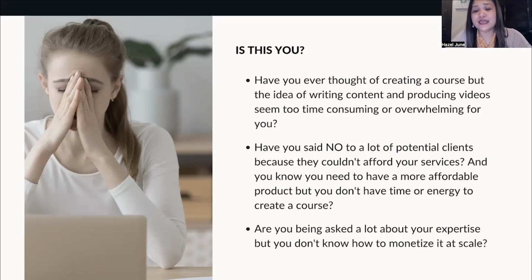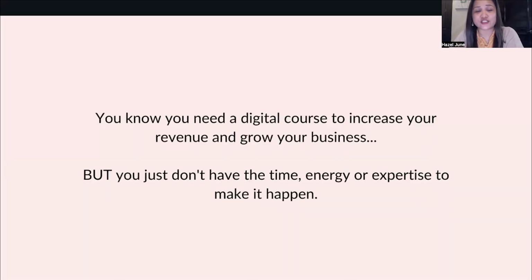Or maybe you're being asked a lot about your expertise, however, you don't know how to monetize that at scale. If any of these represents you or your situation right now, you are in the right place because we're going to cover how we can address those things.